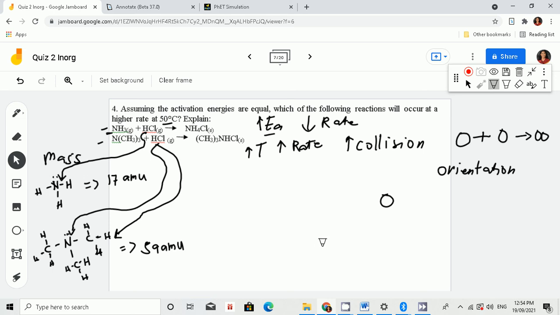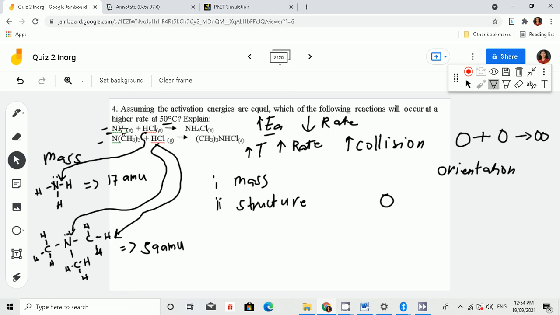So we have two factors here: the mass and the structure. Ammonia has a lighter mass, so it moves faster.